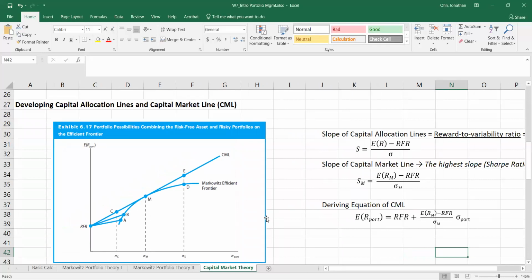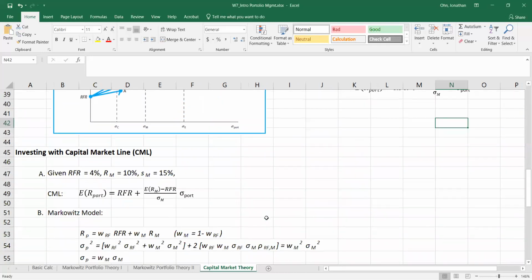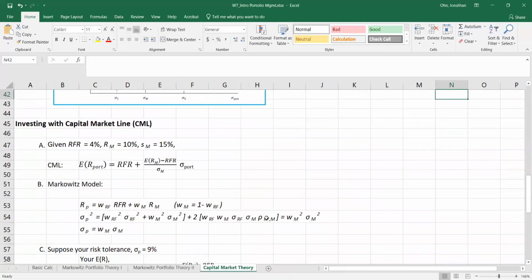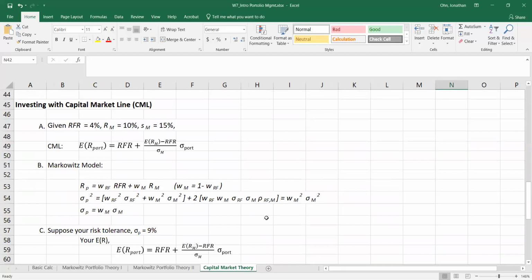Now, let's apply this to an actual investment decision. Investing with the capital market line. Given the risk-free rate is 4%, the market return is 10%, and the market standard deviation is 15%. So the market portfolio has a 10% return and 15% risk.